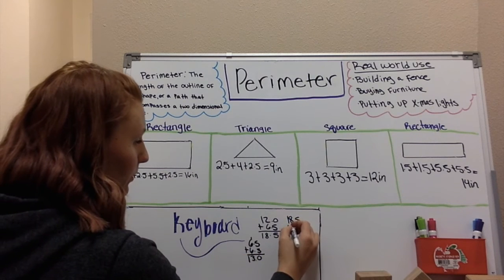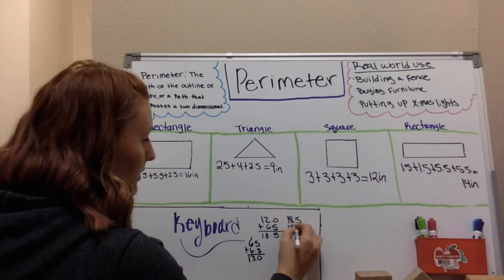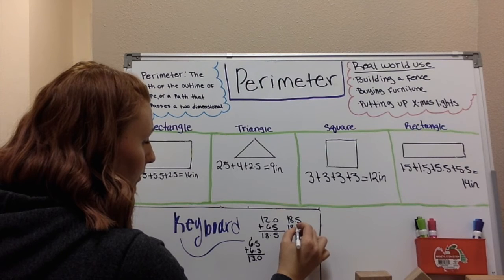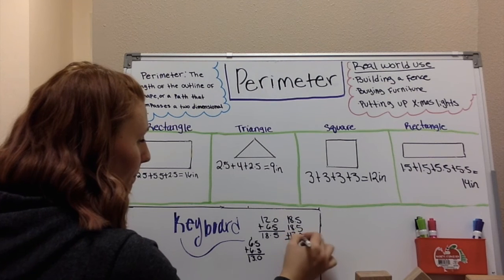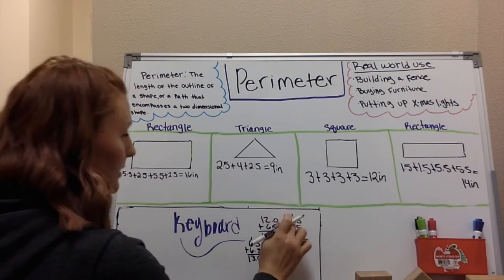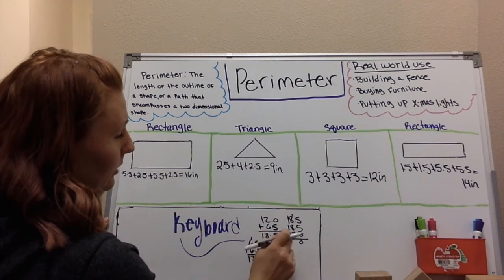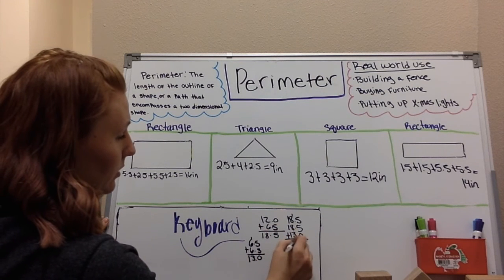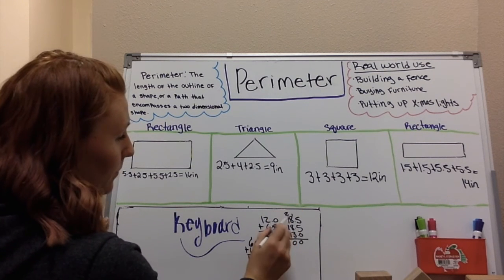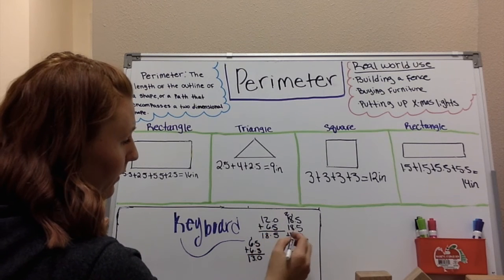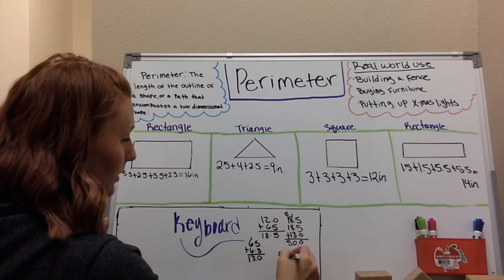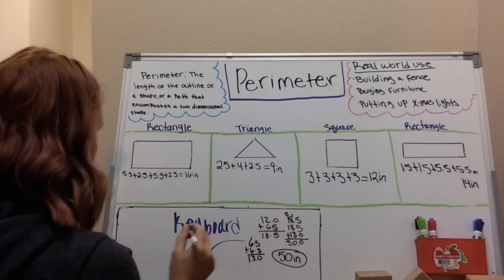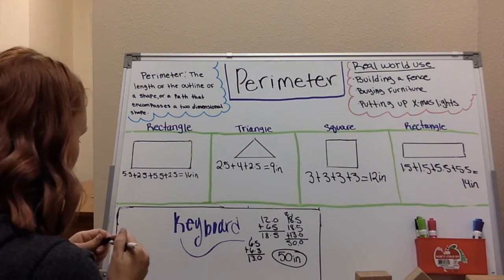So 18.5, 18.5 plus 13. So 16, 17, 18, 19, 20. I'm going to carry this 2, 2, 3, 4, 5. 50 inches is the perimeter of this keyboard.